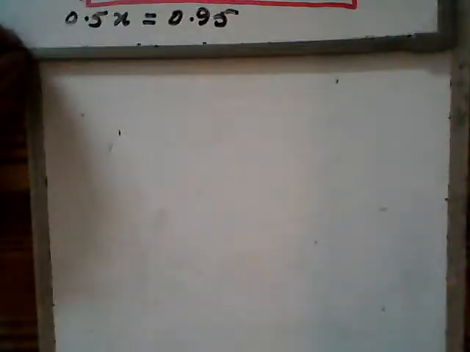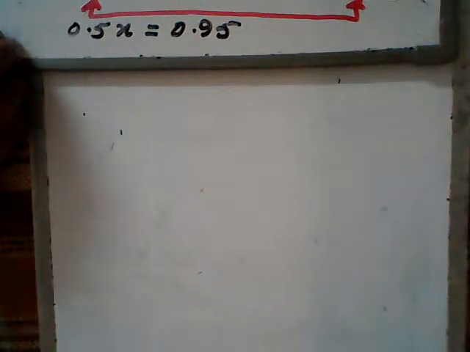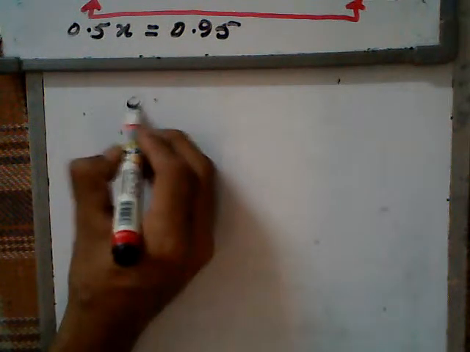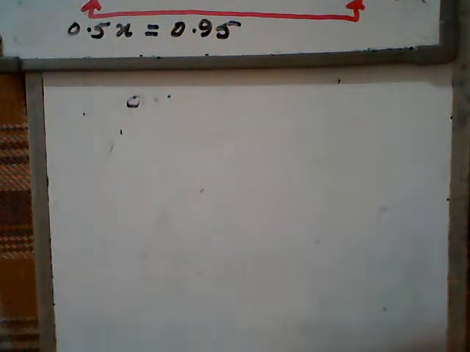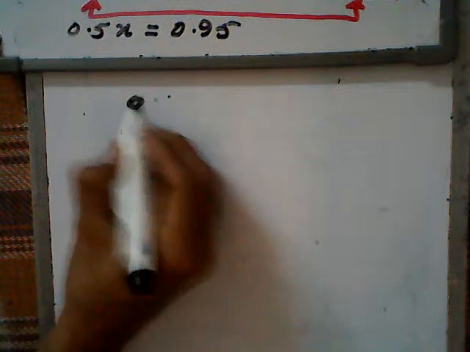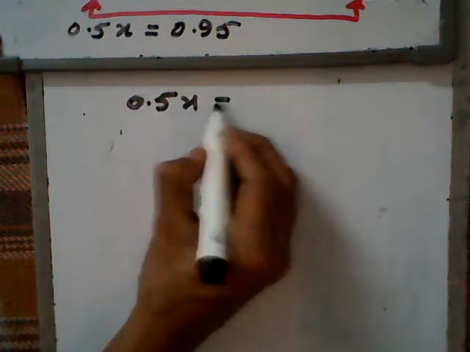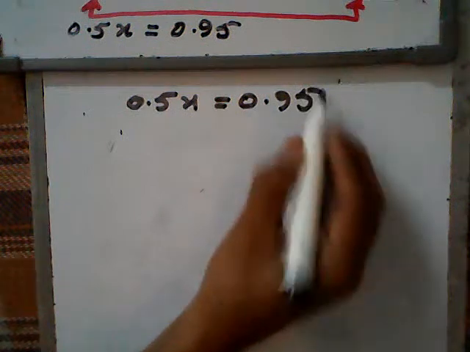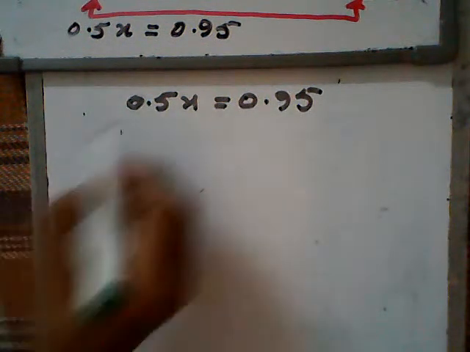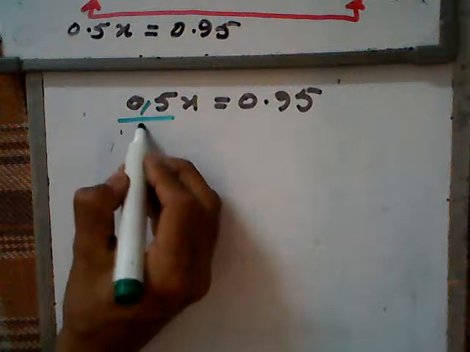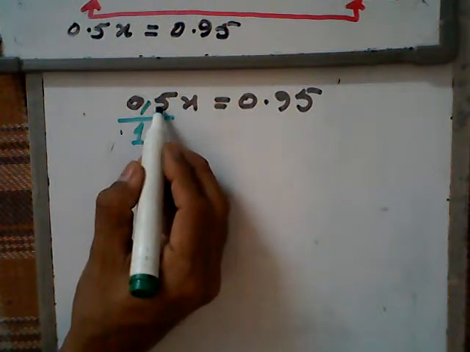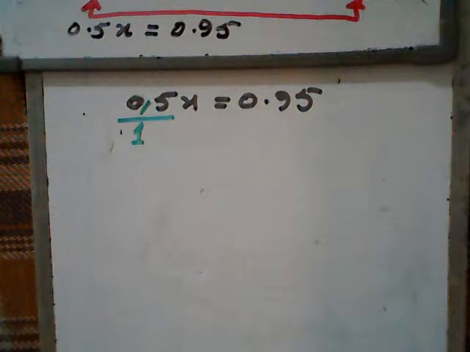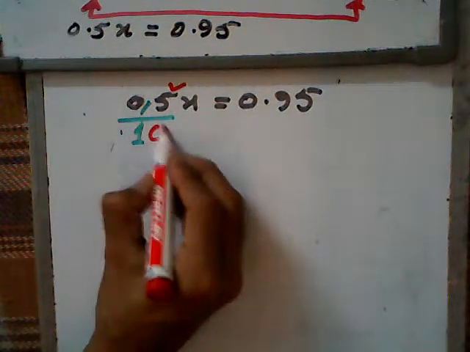Now, we'll be converting these decimals into fractions. How will we convert that? We have 0.5x is equal to 0.95, and we know that in place of the decimal we write 1, and after the decimal there's one number, so we keep one zero, so 10.